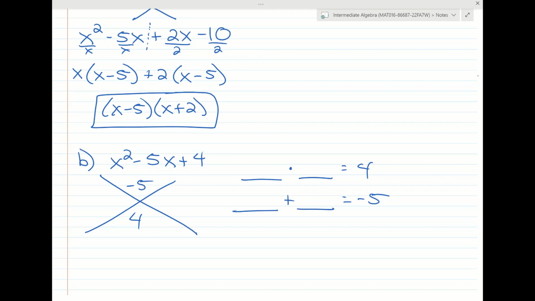Anyone have any idea? Factors of 4 are 1 and 4, 2 and 2. How can we use those numbers to come up with -5? Yeah, -4 and -1. They multiply to be +4, but they add up to be -5.